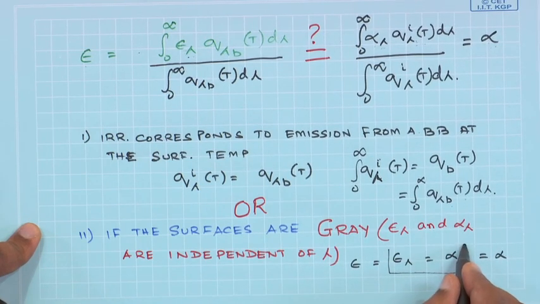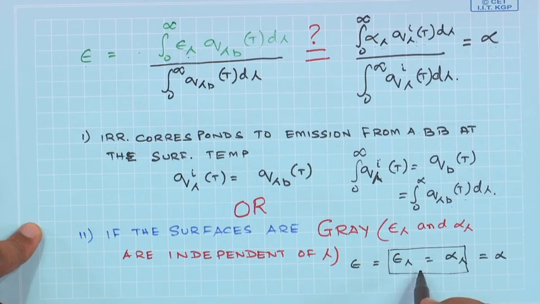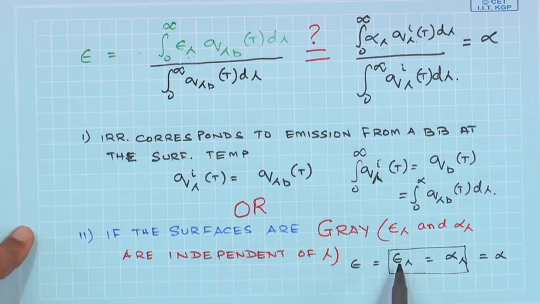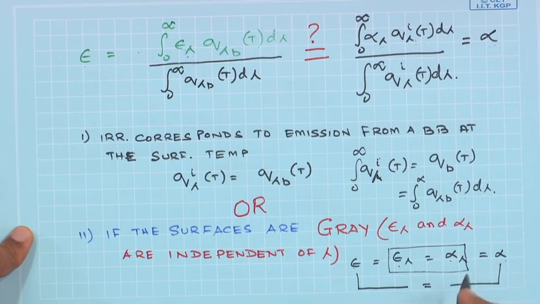This is true since our starting point was that the spectral emissivity is equal to the spectral absorptivity. And what we are saying here is that since the surfaces are gray, epsilon is equal to epsilon lambda and alpha is equal to alpha lambda, which shows that these two must be equal. That means epsilon is equal to alpha.